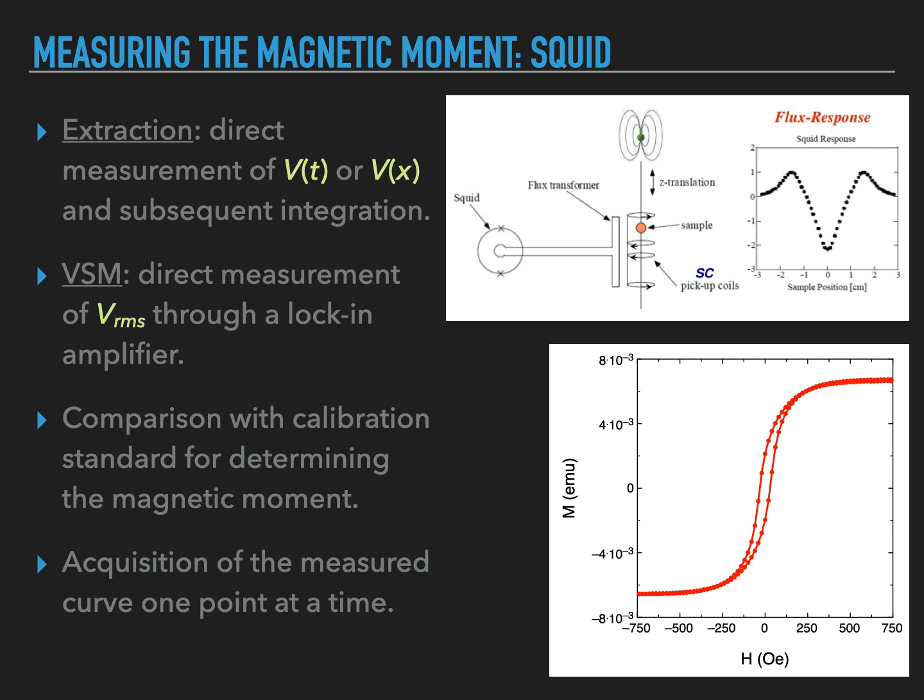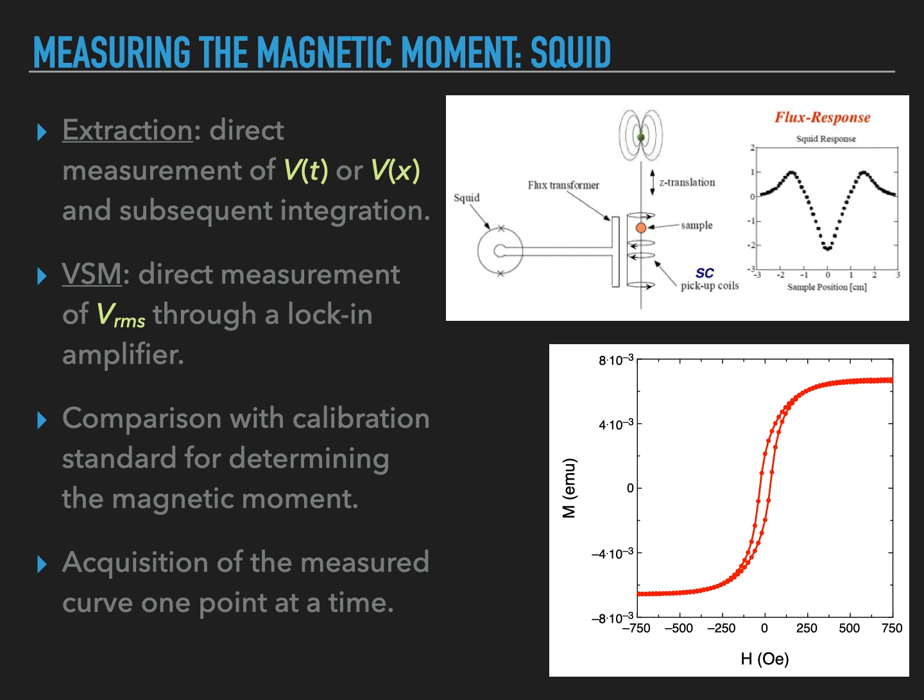In the end, a SQUID magnetometer behaves in a similar way with respect to a VSM or an AGFM. You apply the magnetic field that you want, in this case, for example, with a superconducting coil, then you move the sample either by vibration or by the so-called extraction method, as we said, from the top coil to the bottom one and the other way around just once, and then you analyze the signal that is taken by the pickup coils after having passed through the SQUID junction that allows for the greatest sensitivity.